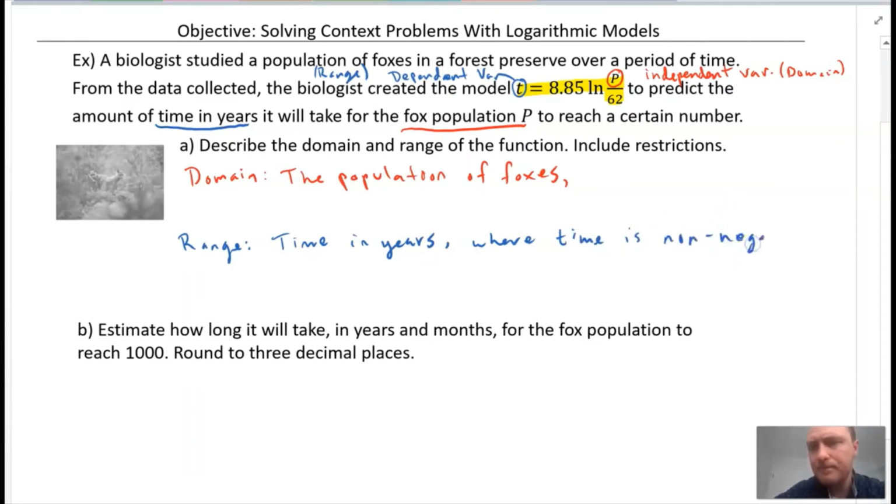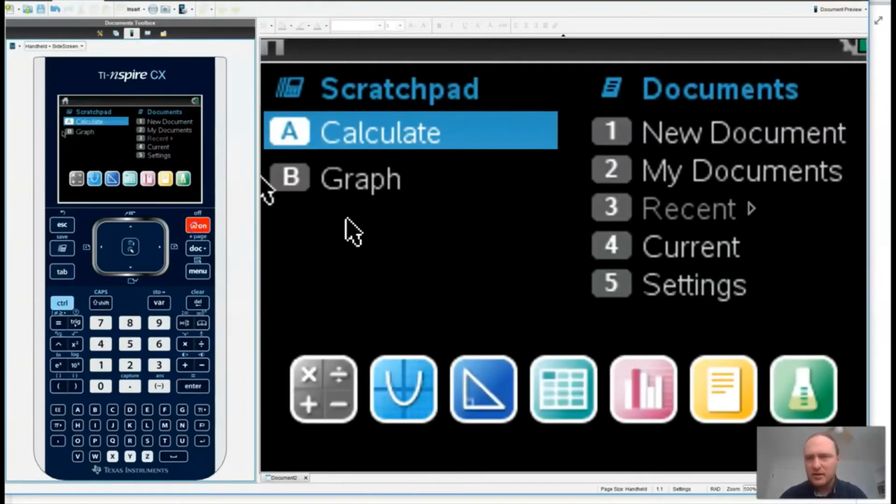Now for the domain, the restrictions are a little bit more tricky to think about. It's values that you're plugging into the argument of a logarithm. Now you need to think about a logarithmic function. In our last lesson we talked about the domain: the argument has to be greater than 0. If you remember what a logarithm function looks like, I'll go to my calculator to highlight this.